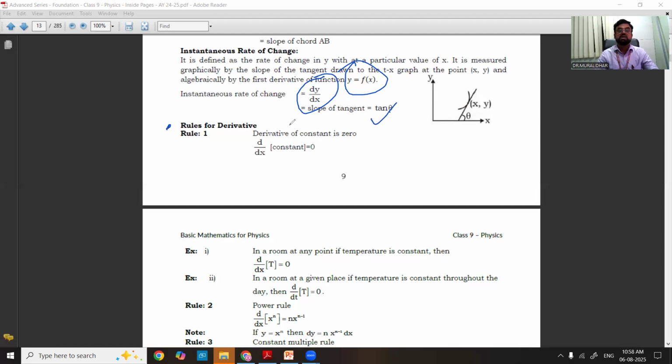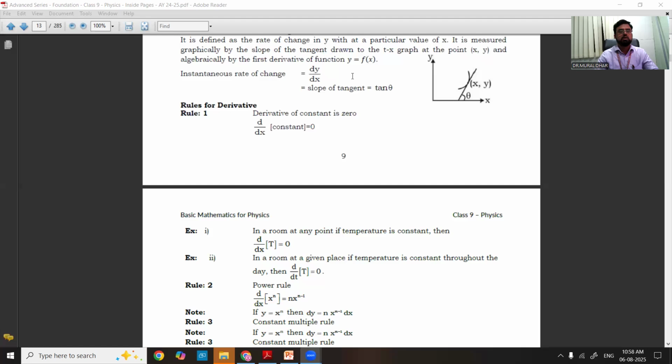There are some rules for derivatives. When you want to use the derivative, this is called derivation. Some rules are there, you can see here: derivatives of various constants and variables. This is very important in differentiation.